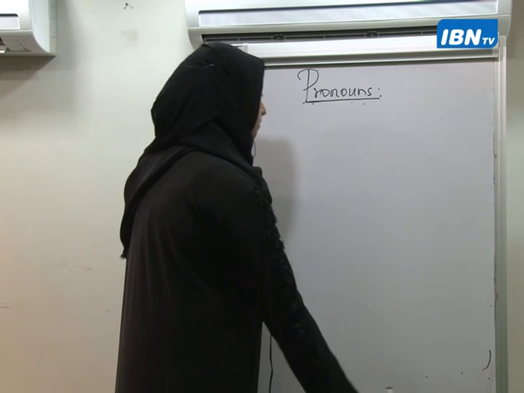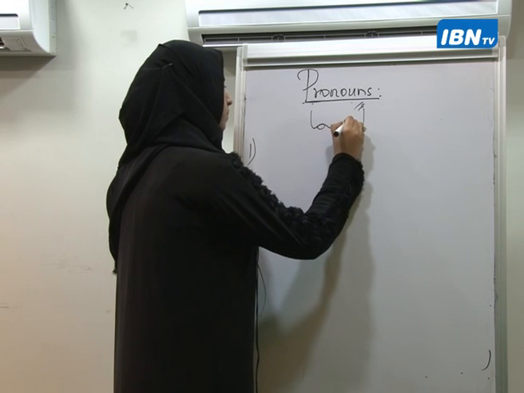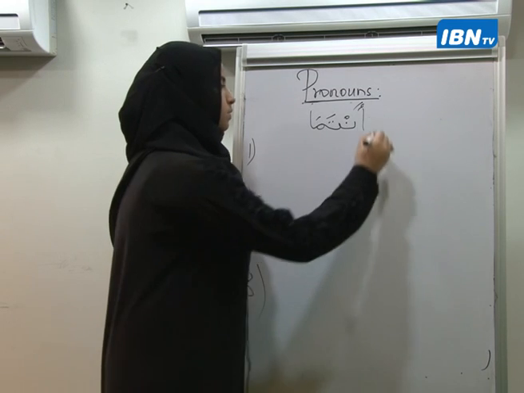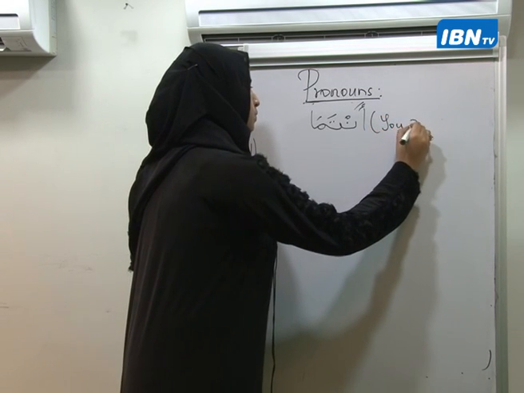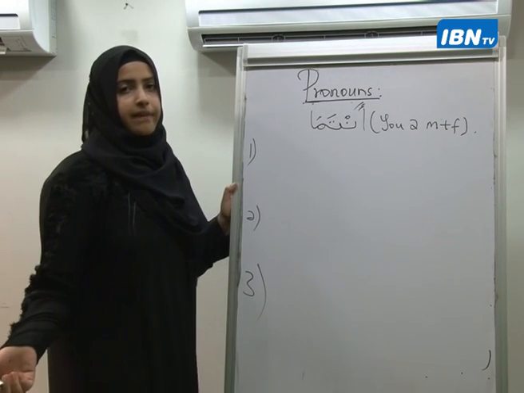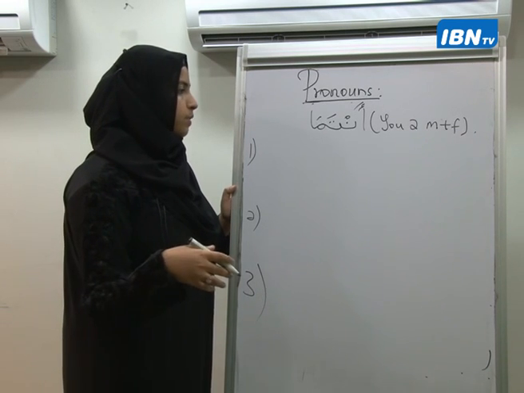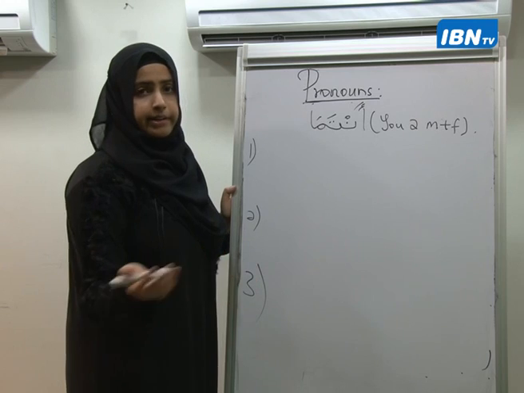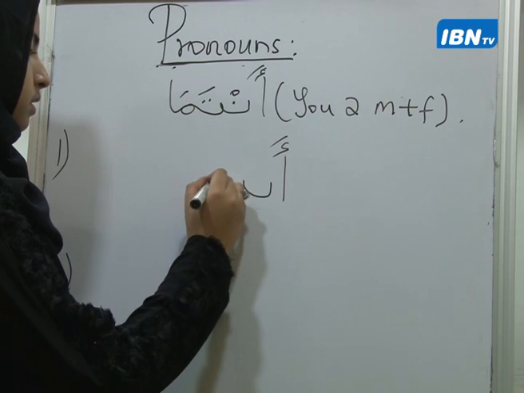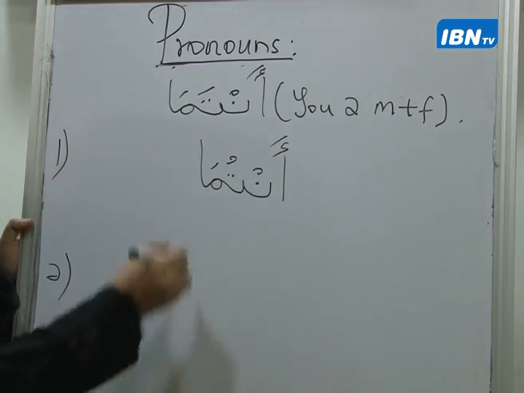Right. So antuma, we had said is dual, and dual for both male and female. So it means you two, male plus female. Right. So if I want to say you two are tall, or if I want to say you two are girls, so I'll say antuma bintan.